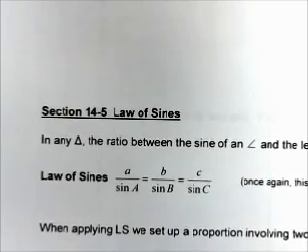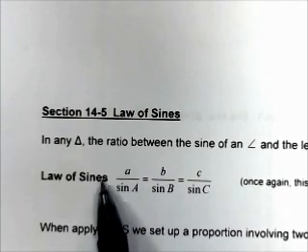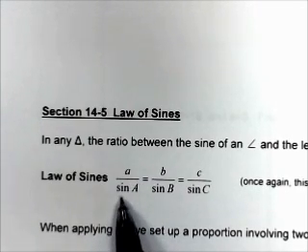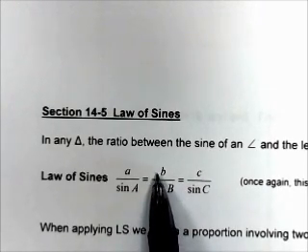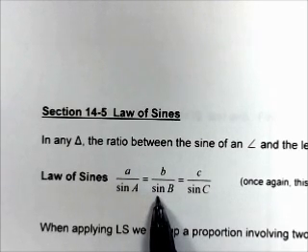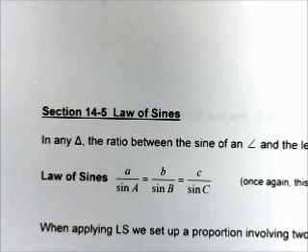The law of sines says that the ratio of the length of the side opposite angle A to the sine of the angle is going to equal the ratio of the length of the side opposite angle B to the sine of angle B, which would also be equal to the ratio of the length of the side opposite angle C over the sine of angle C. Once again, this formula is on the reference sheet.